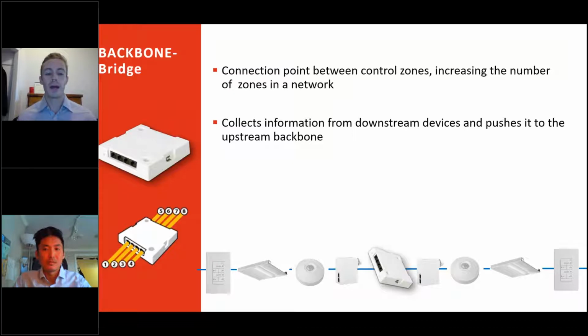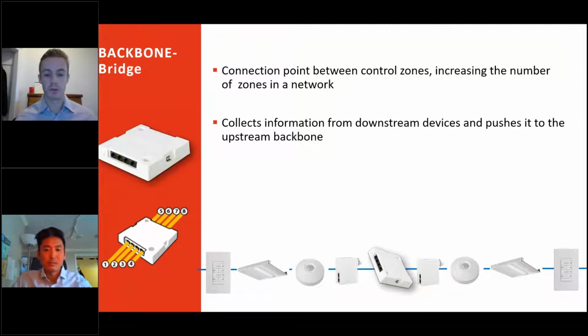To form our networked wired system, our daisy chain downstream devices, like we said, sensors, switches, relays, and luminaires, are going to connect to a bridge via the Cat5 bus. And like we mentioned the other day, it makes no difference the order in which those devices are plugged into our Cat5 bus. Just a quick note. Multiple zones are able to connect to a bridge via the mini RJ45 ports in each bridge.